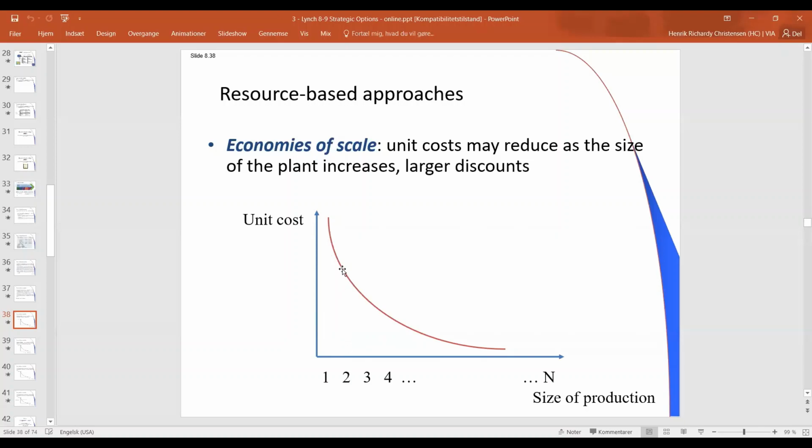It may not be in reality because there might be larger steps, but the idea is if you produce a lot down here, then simply because you can start to get larger discounts, get closer to your capacity utilization, then the unit cost will simply go down, because the more you produce, the more likely it is that you can take advantage of economies of scale, simply getting lower cost because you're producing a lot.